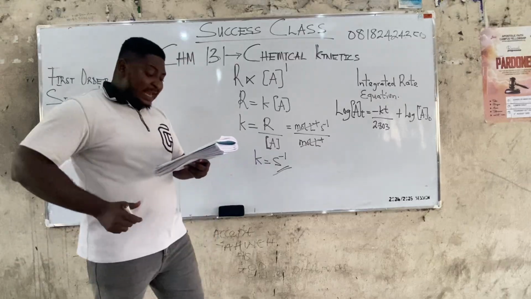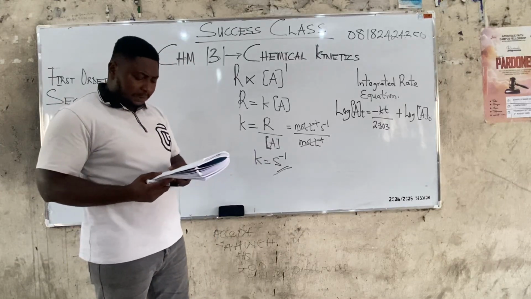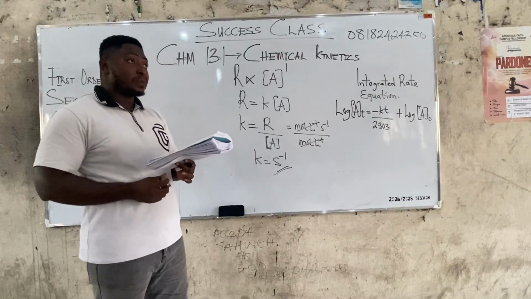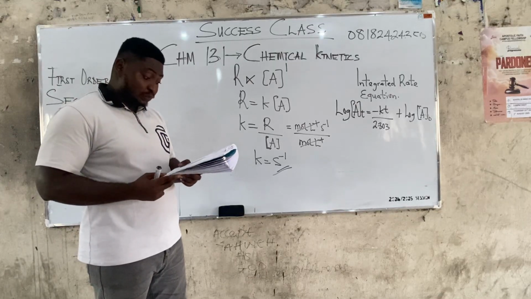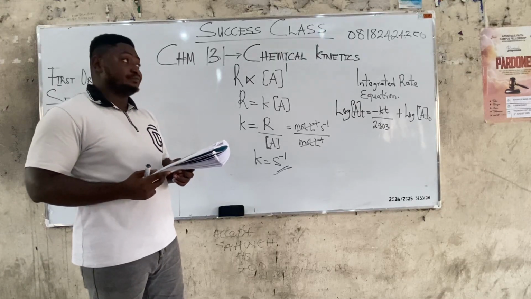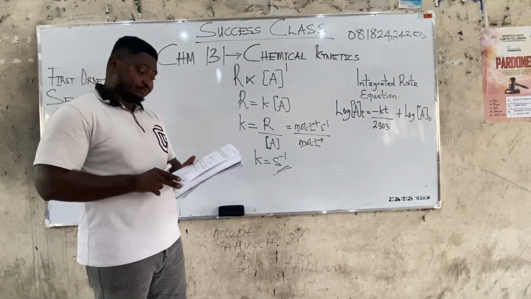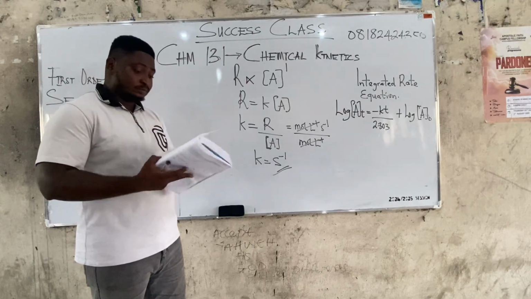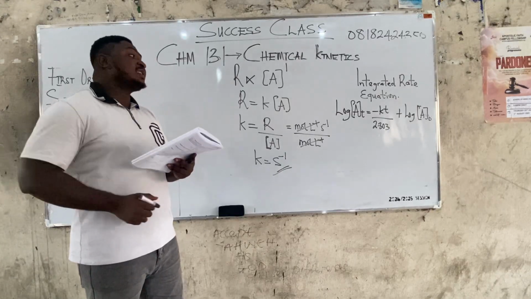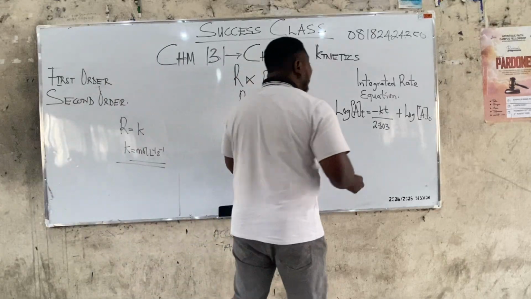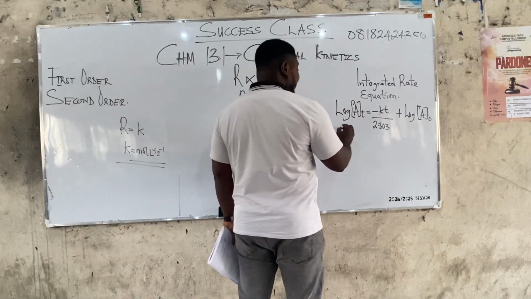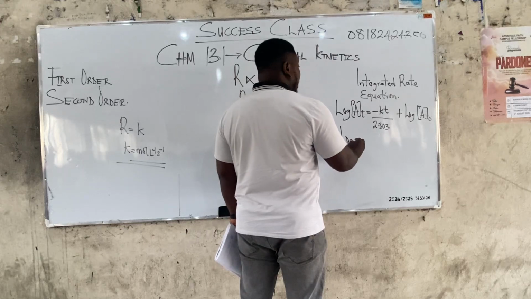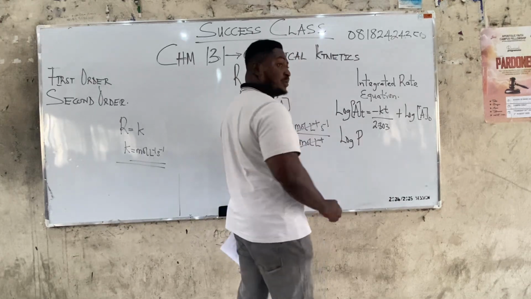This integrated rate equation can change if the components of the reaction are gases. If the reactant is a gas, this can change to log pressure. Instead of concentration, we use pressure.